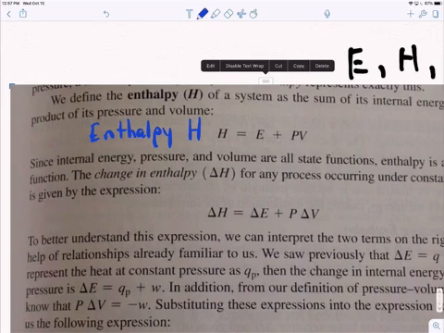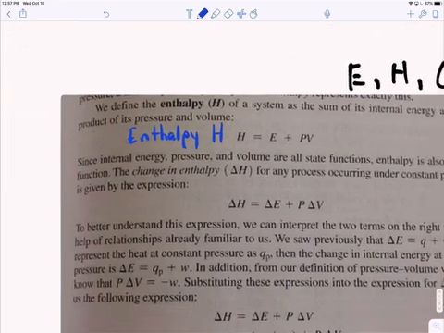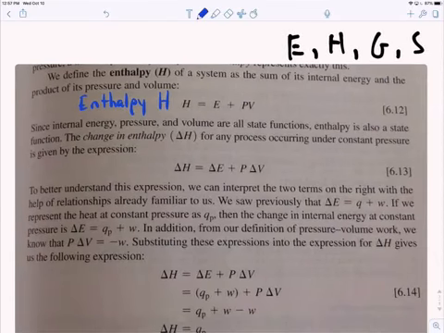Enthalpy is the combination of terms. Enthalpy is energy plus pressure times volume. Under constant pressure, this is actually, has anyone taken Calc 1? Have you done the product rule for derivatives yet? Are you there yet?